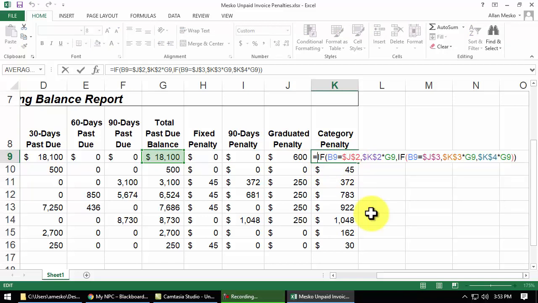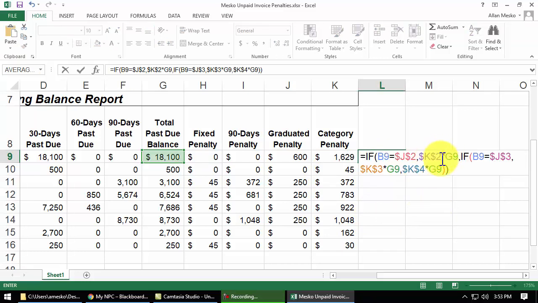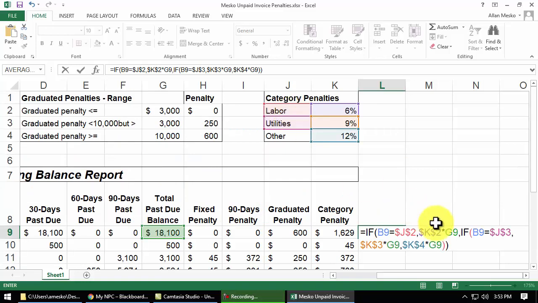Here's a little trick. If you haven't done your mixed references correctly, you can copy just the text of it, and now I'll go in here and say equals, paste the text. Instead of multiplying by G9 three different times, what we can say is, if that category is equal to labor, what's the multiplier I want?